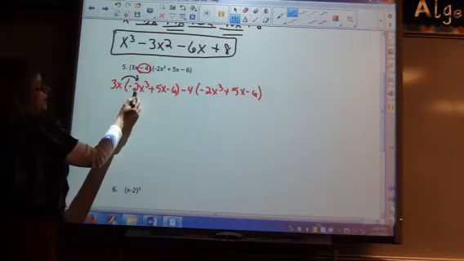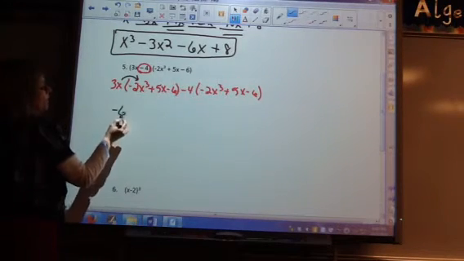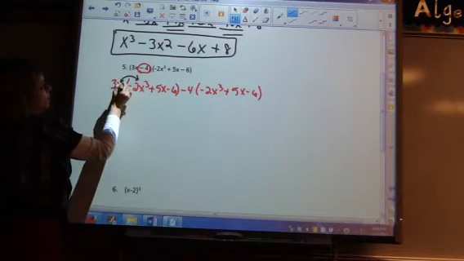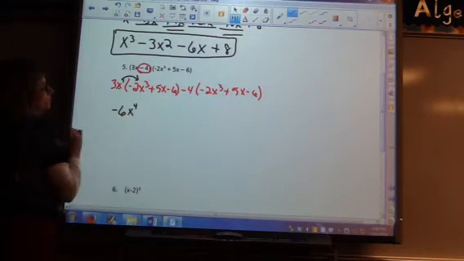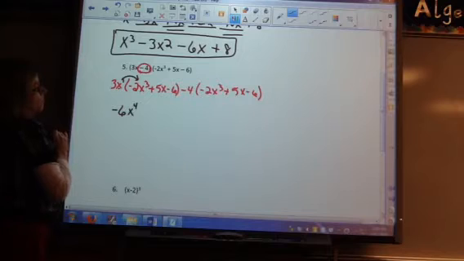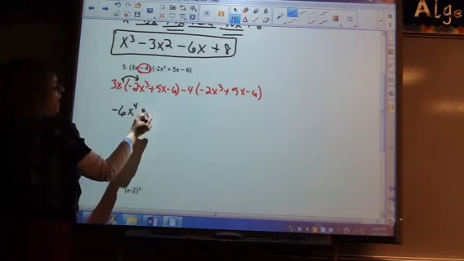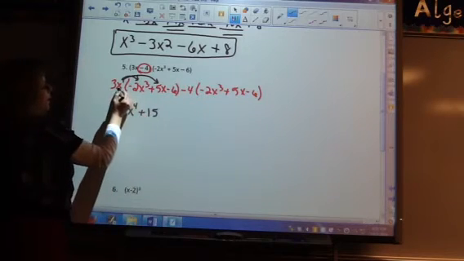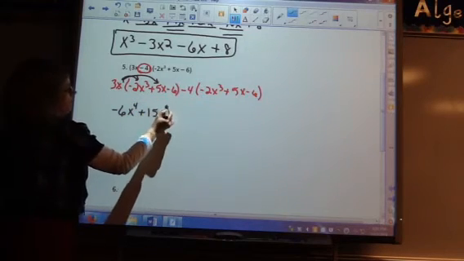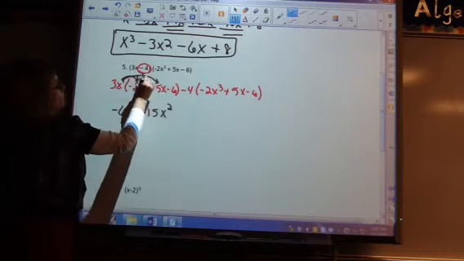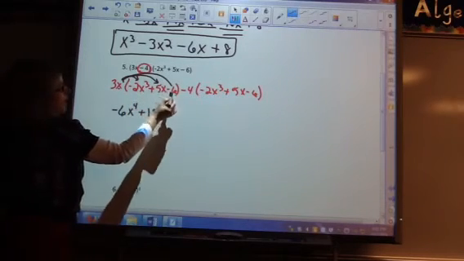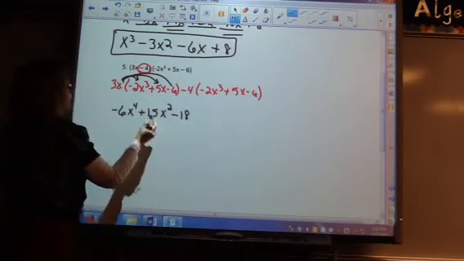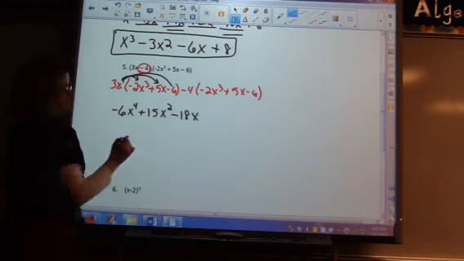We have 3 times a negative 2, and we have x times x cubed. Okay? We have 3 times 5, x times x. We have 3 times a negative 6, and we have x.